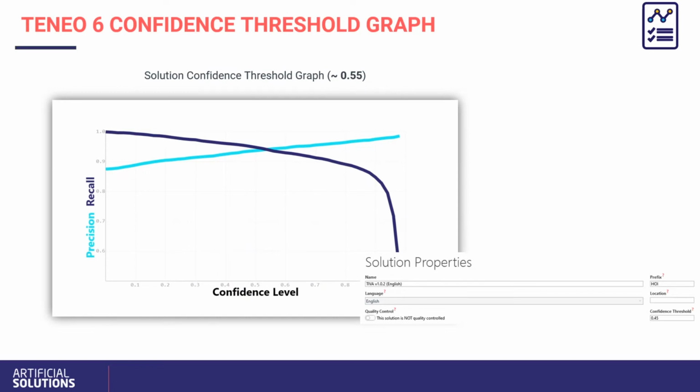Once you have run the evaluation, you will get this kind of graph here. It will give you 3 metrics actually, precision and recall, these 2 metrics that you see here.